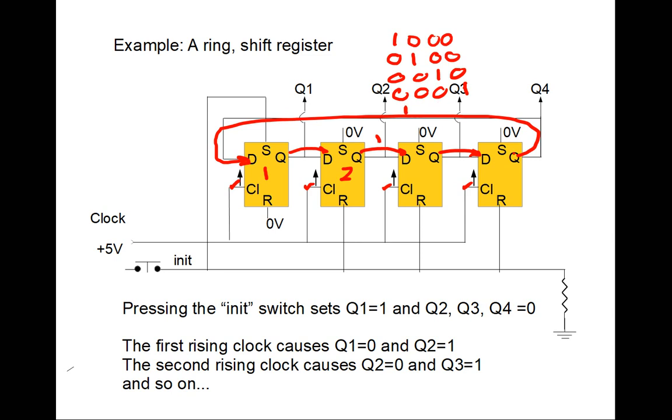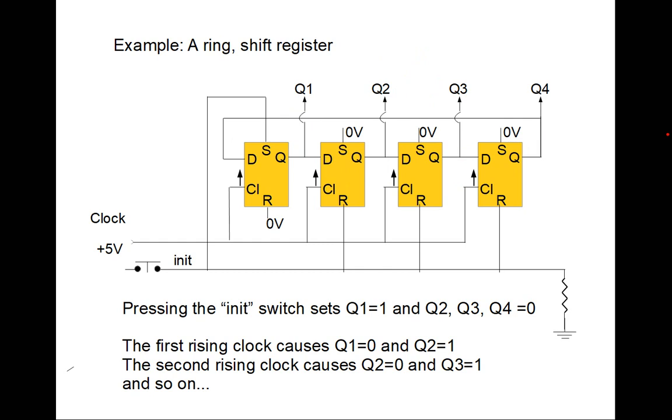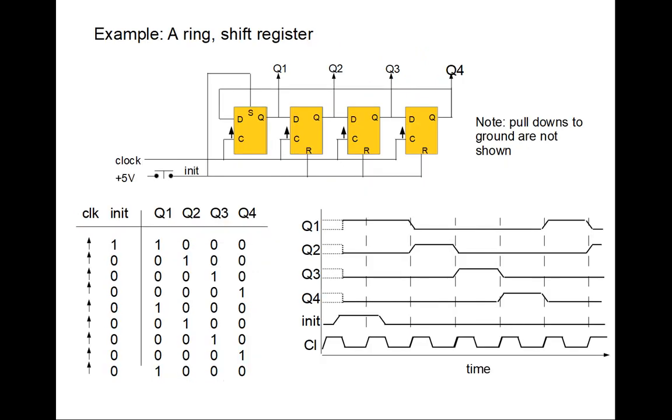It runs back from the fourth flip-flop around to the first flip-flop, and it repeats. So this is just shifting this 1 to the right for each rising edge of the clock. So this is what the ring or shift register looks like.